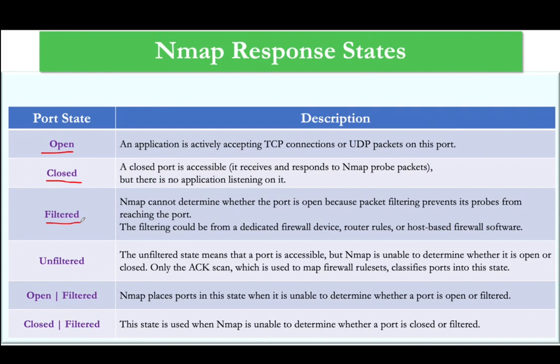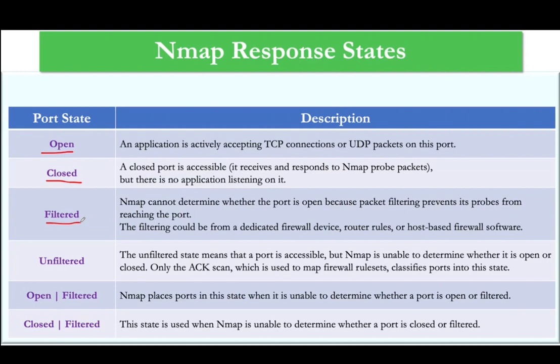Sometimes they respond with ICMP error messages such as type 3 code 3, or type 3 code 13, that is, destination unreachable or communication administratively prohibited.